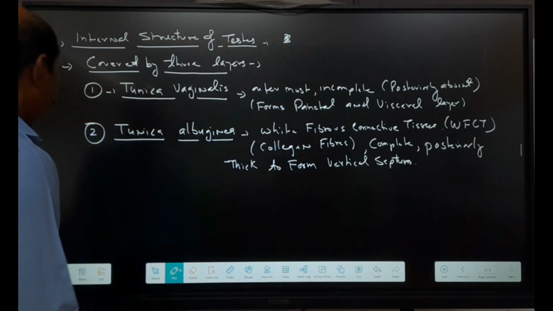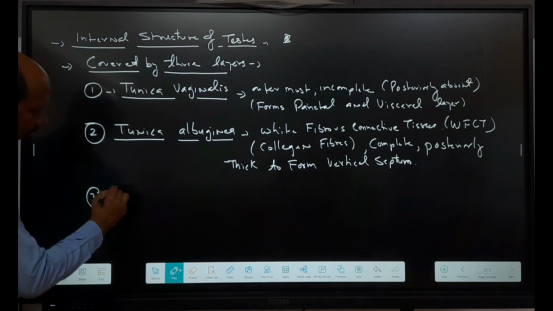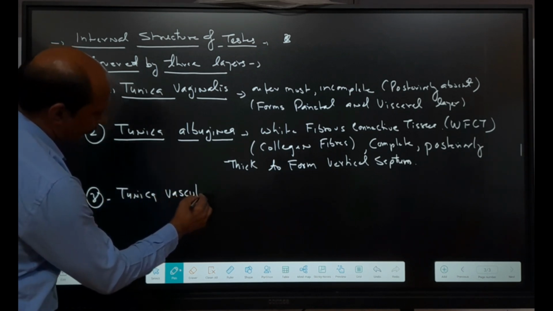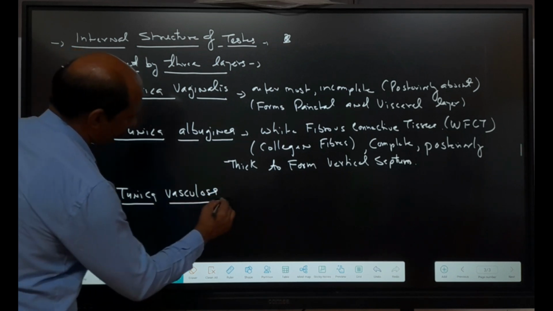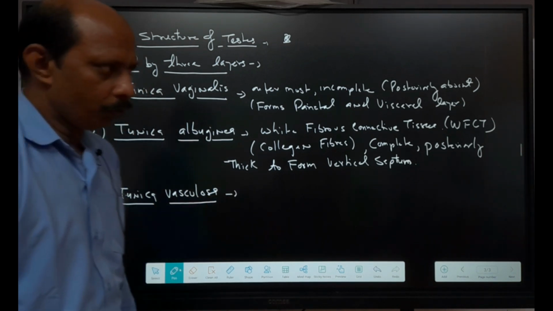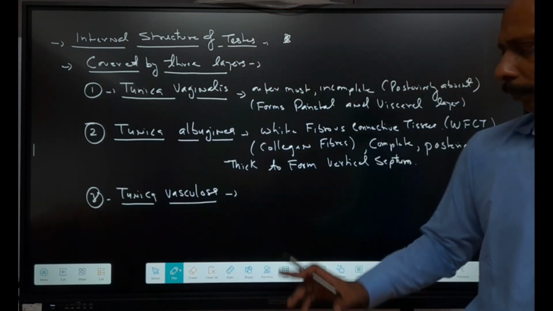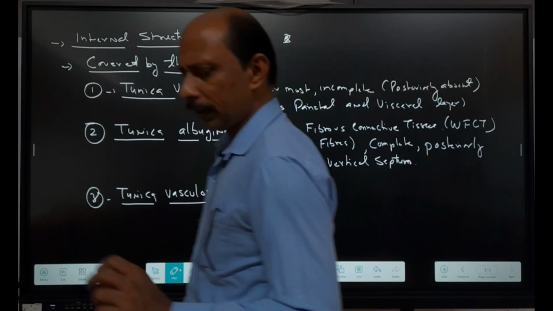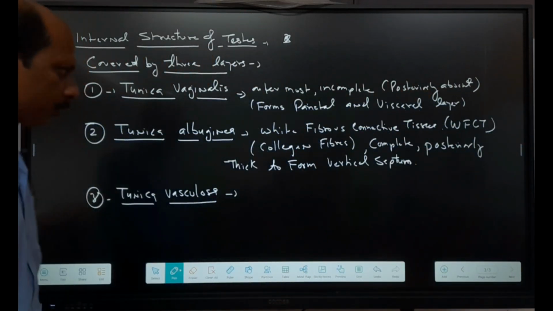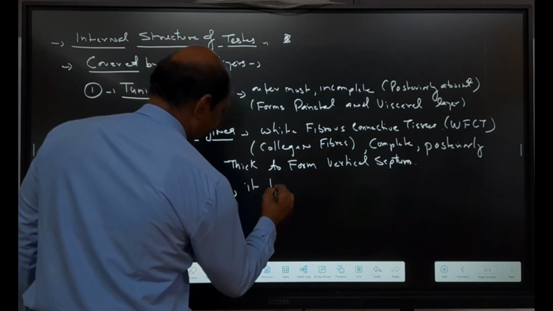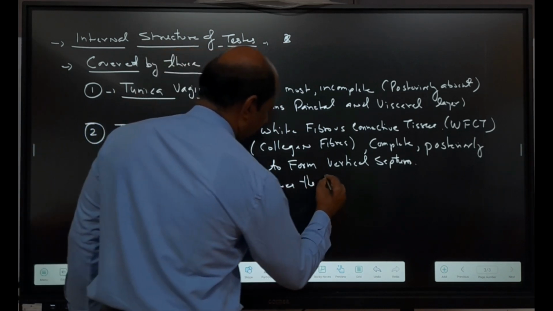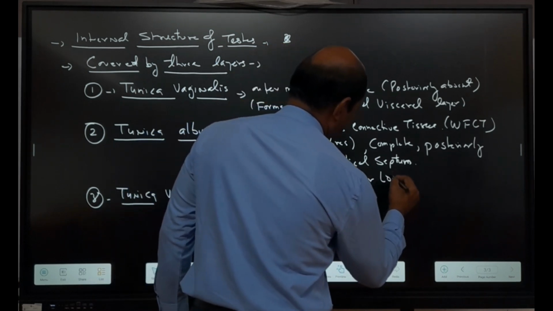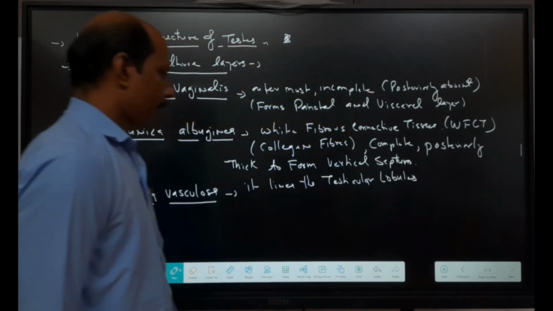And the third one, which is innermost, is tunica vasculosa. Tunica vasculosa is the internal layer and it lines the seminiferous, that is, testicular lobules, right?